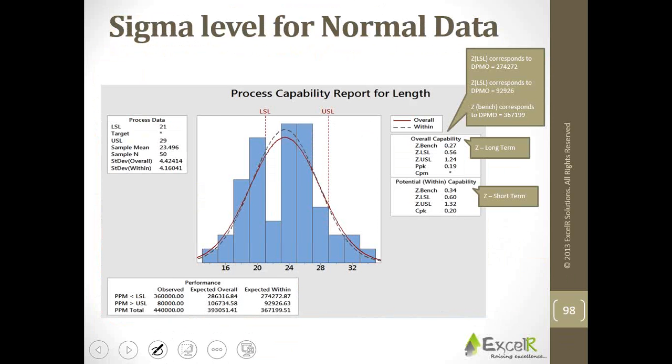Once you click that, you start getting the Z values immediately. You get Z LSL, here it is. Then you get Z USL, and as I've told you, overall means long term. Right? Within means it is for short term. Yeah, this is how you calculate if you want to calculate using Minitab.